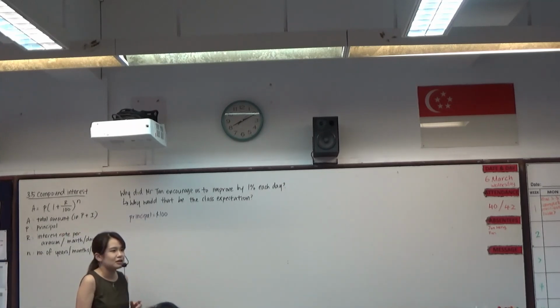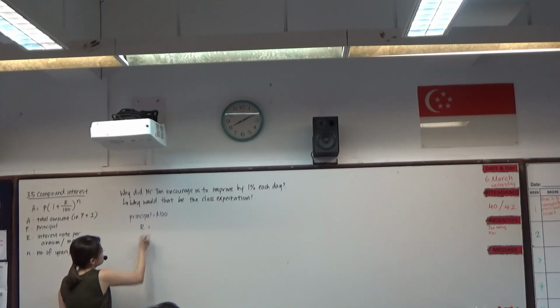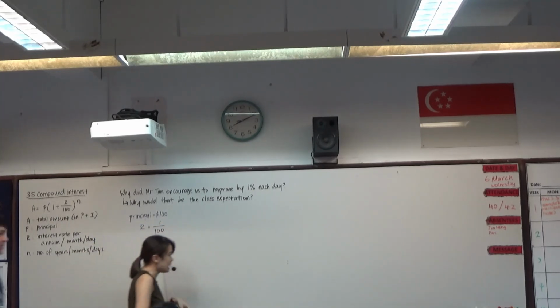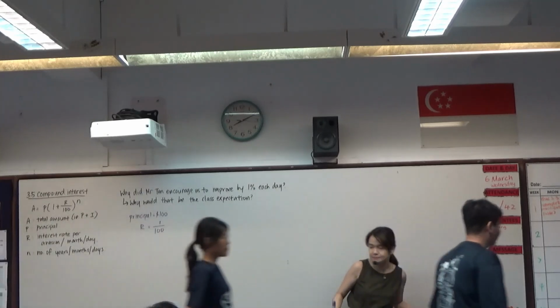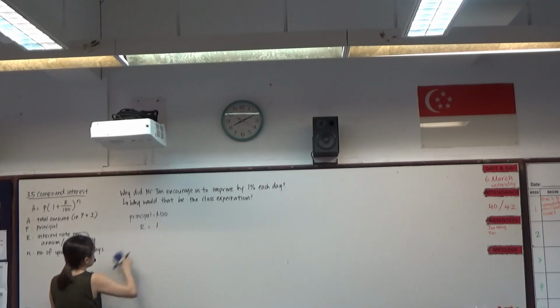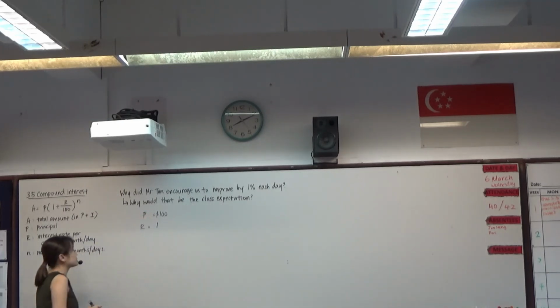1%. The rate itself is actually 1% a day. Or actually the R that we will be substituting will just be 1%, 1% a day. So the principal is 100, and your R is 1.